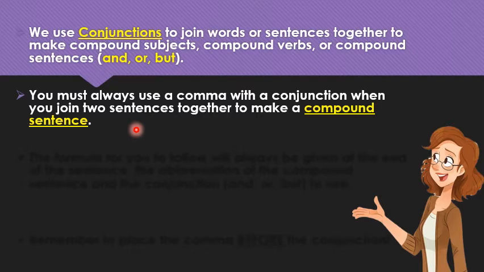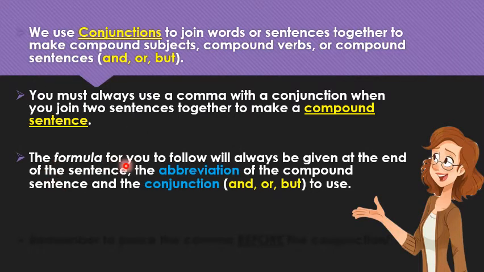If I want to create a compound sentence, I should join 2 sentences together, but I have to use a comma with a conjunction. I have to use both together, okay, in order to make a compound sentence. Not randomly, I have to put them together by using a comma with a conjunction in order to make one compound sentence.